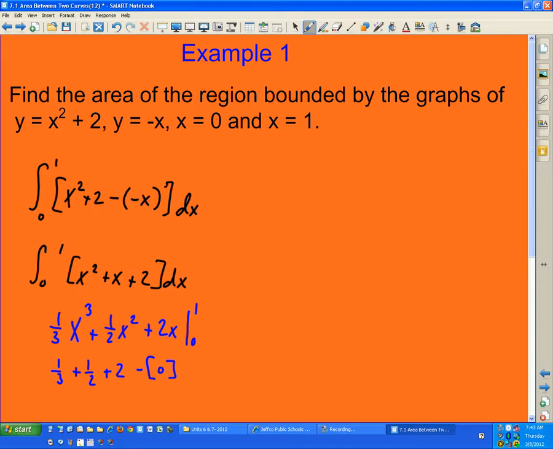Now it's a matter of getting common denominators and adding these up. 6 looks like our common denominator, so I'm going to write these all over 6. That's 2/6, 3/6, and in this case 12/6. If I add those all together, the area between those two graphs is 17/6.